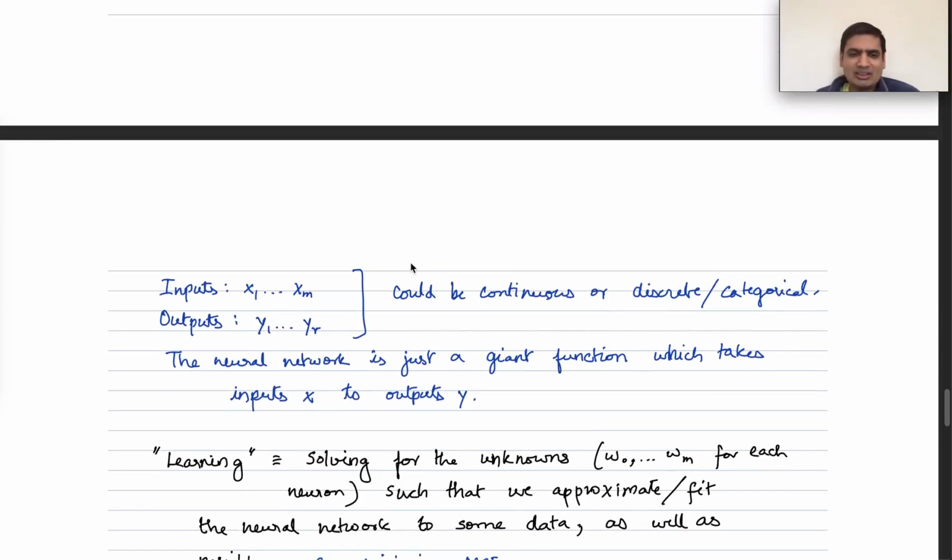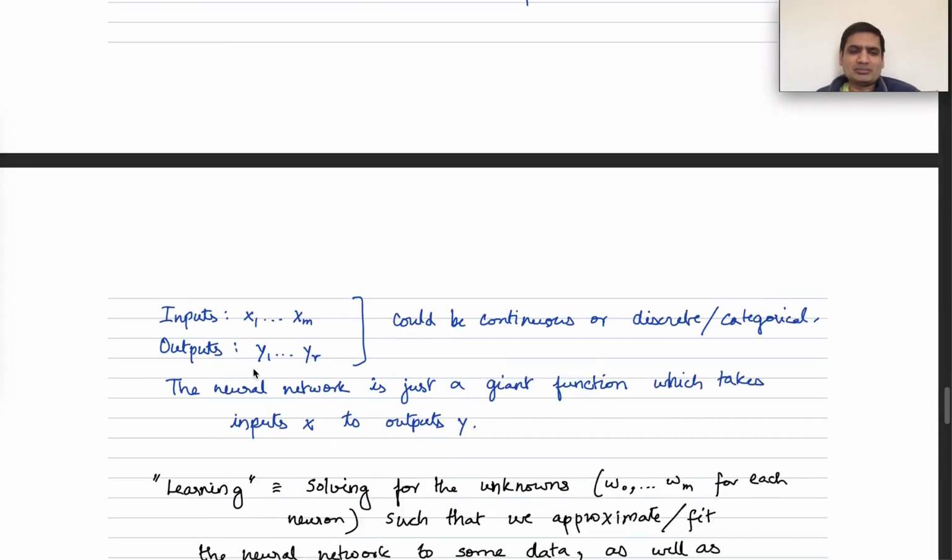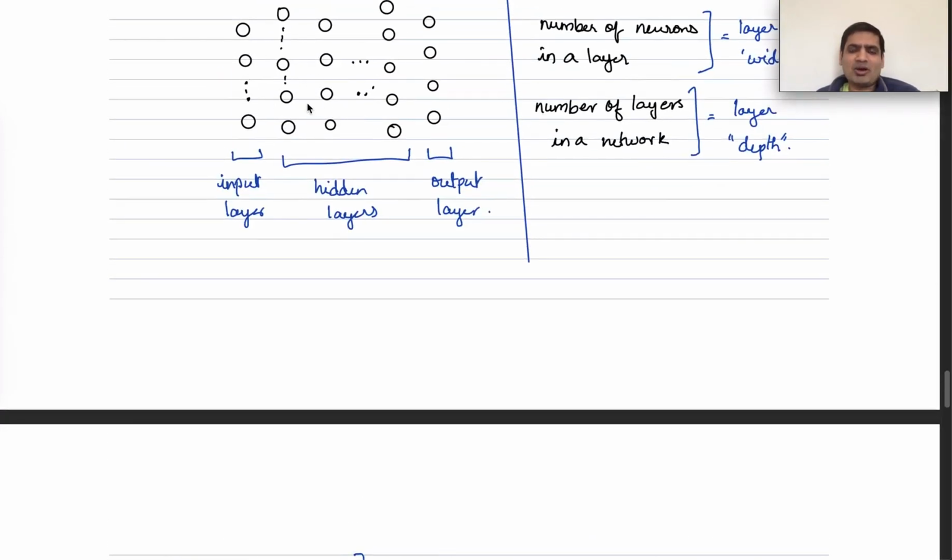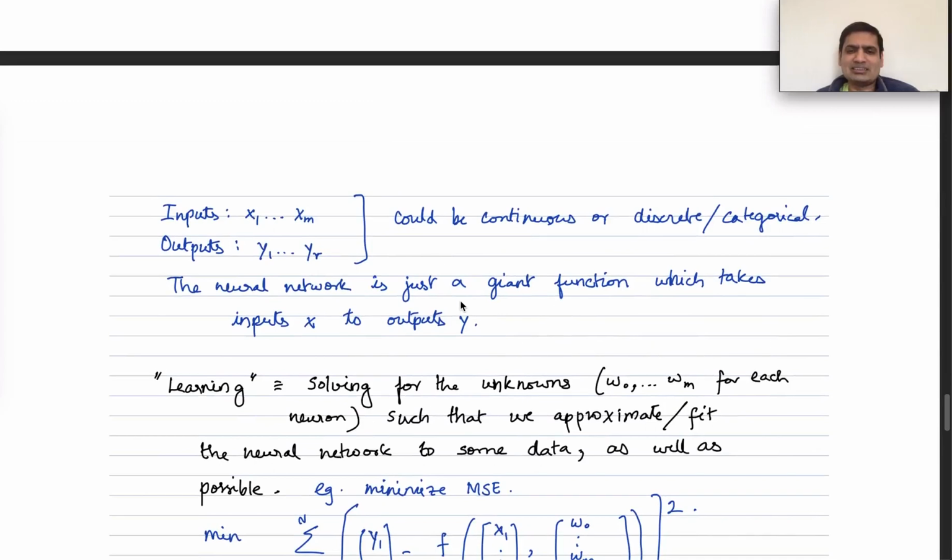So all in all, the inputs and the outputs could be continuous or discrete, namely sort of categories, or it could be continuous variables. But all said and done, what this framework provides is just a big giant function, right? Which takes the inputs through some complicated set of transformations through these things that we call neurons to some outputs y.